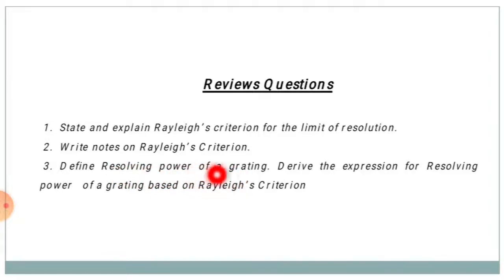This resolving power of grating is always directly proportional to the number of grating elements per unit width of the diffraction grating and the order of maxima. These are the important questions for this topic, and this is the complete detailed explanation about Rayleigh's criterion for resolving power and resolving power of grating.